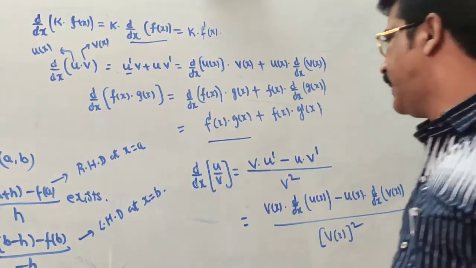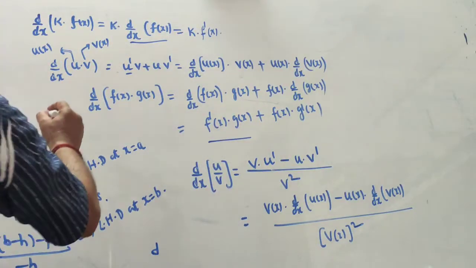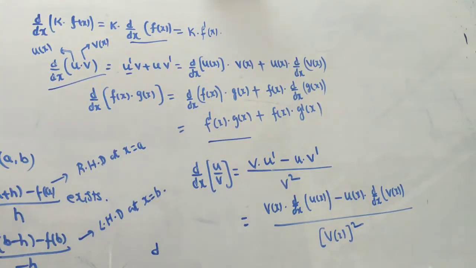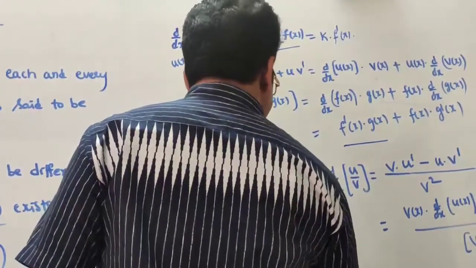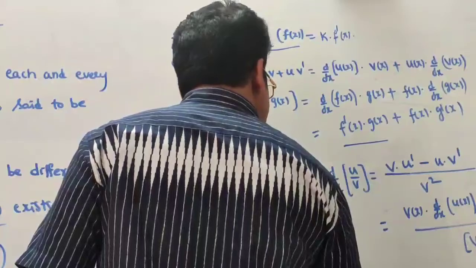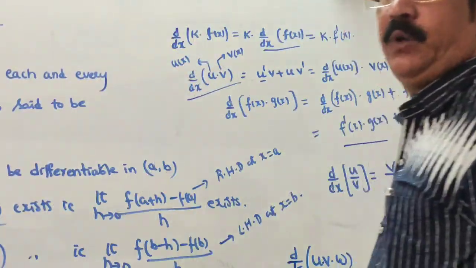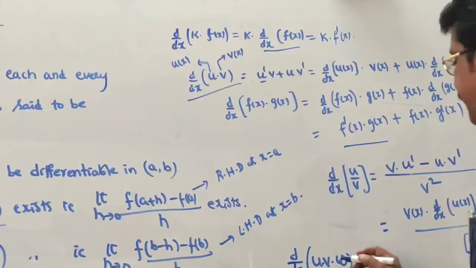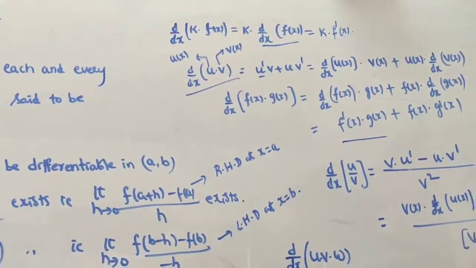Next, another formula. For example, here we discussed two functions u into v. For example, d by dx of three functions u, v, w. It was a matter of two functions, but now it is a matter of three functions.